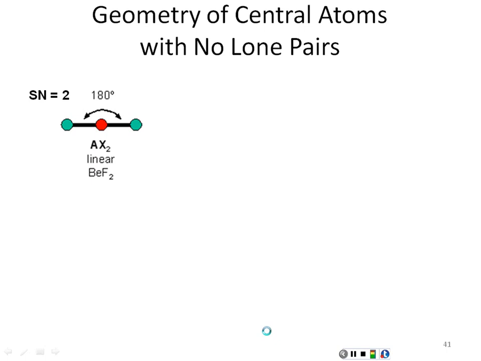The formula becomes AX2. A is the center atom, X because there are 2 atoms bound to the center atom. And the molecular geometry for this molecule would be linear. An example of this would be beryllium fluoride.